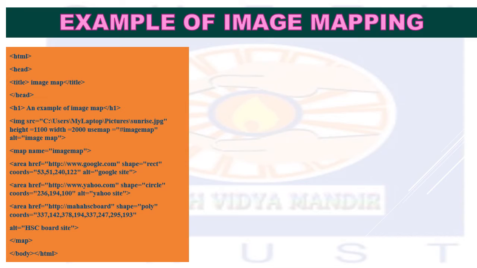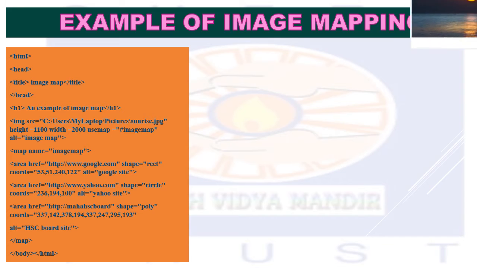Here you can see 1, 2, 3, 4, 5, 6, 7, 8. That is 8 coordinates I have used in this particular polygon shape. Whatever shape I have taken, I have taken all the coordinates of that particular shape. Then close the map tag. Map tag is a pair tag, because we started with the map tag. So the map tag is closed, then the body tag and HTML tag.